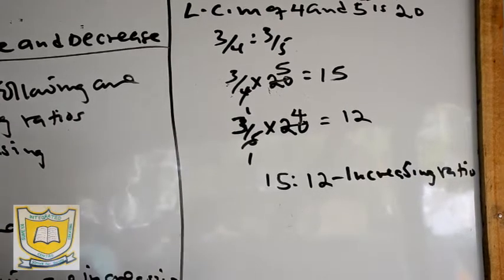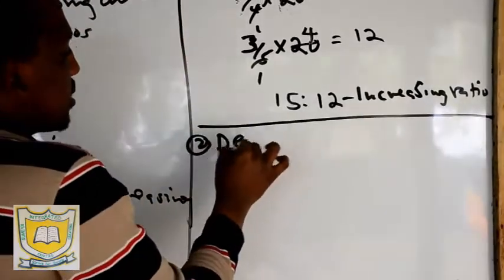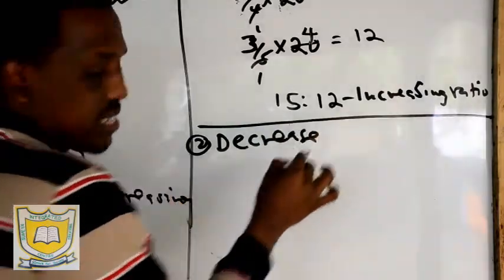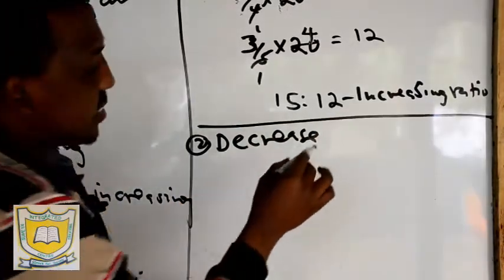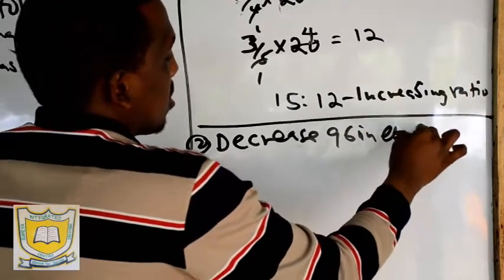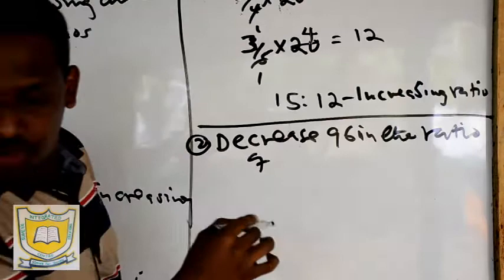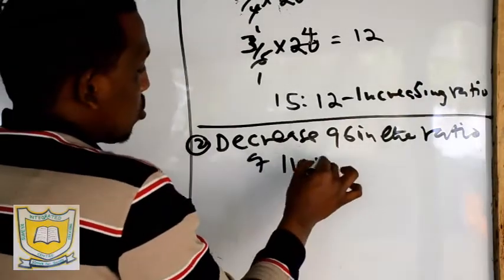Let us see question 2. There's another question here. You are told: decrease 96 in the ratio of 11 to 12.